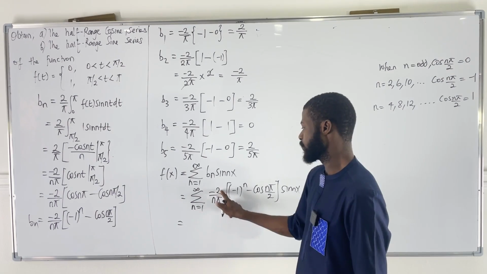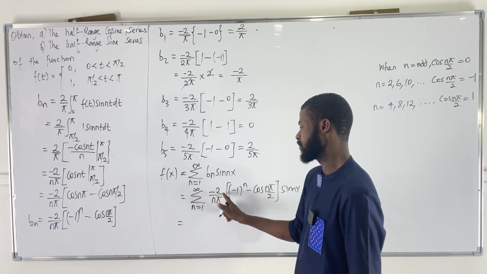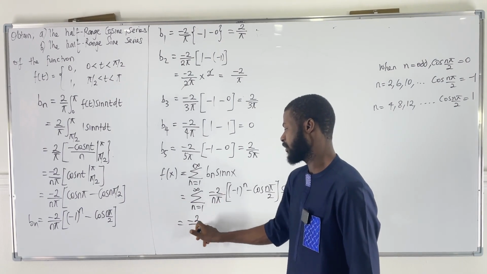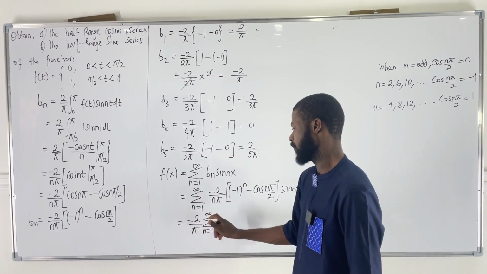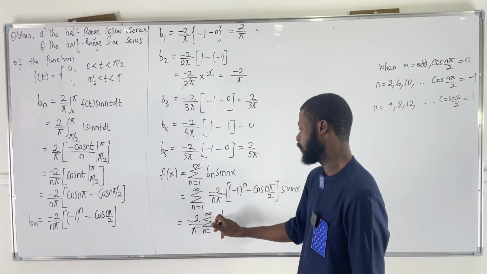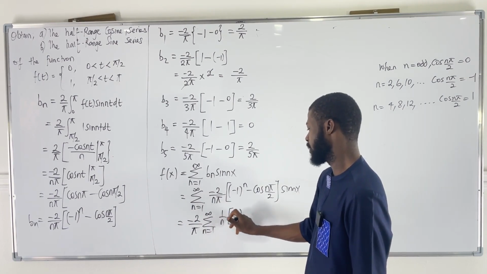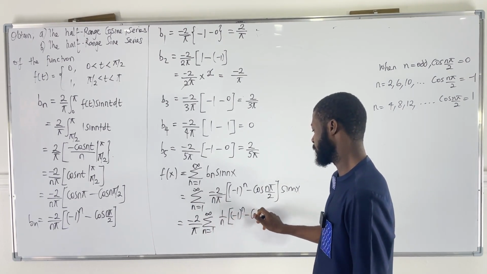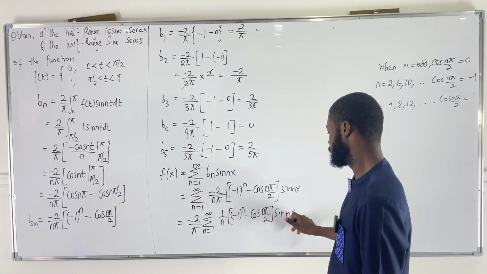But this minus 2 here is a constant. The over pi is still a constant, so you can bring it out. So this is minus 2 over pi, then the sum from n equal to 1 to infinity. What will now be left is 1 over n, then we have minus 1 to the power of n minus cos n pi over 2, sine nx.